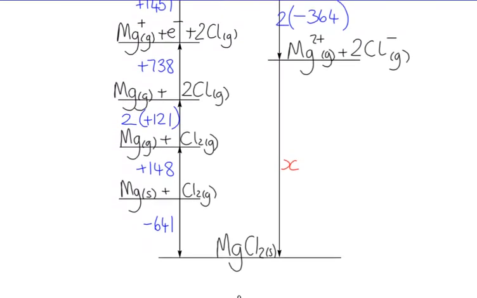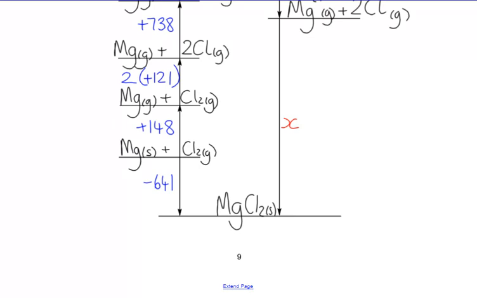So mathematically now we need to do a little bit of maths, which is to say that the direct route, or the anti-clockwise arrow, the minus 641, equals all the other arrows added up together.